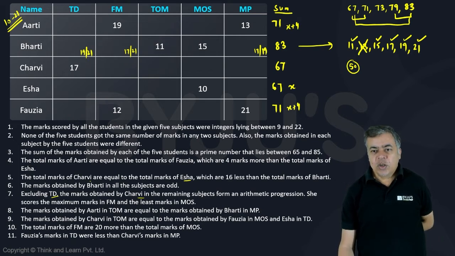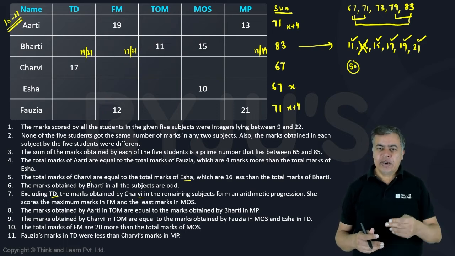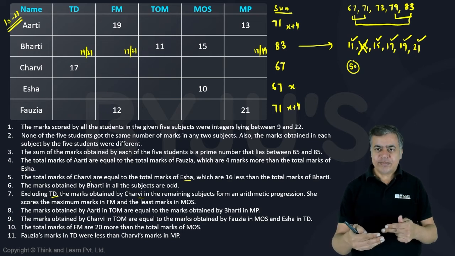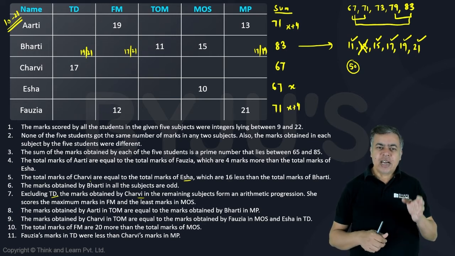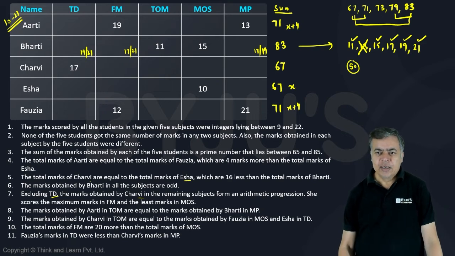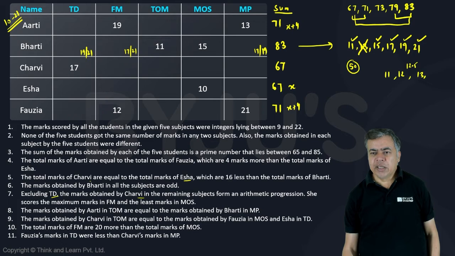So how can I get 12 and a half as an average? 2 numbers below 12 and a half and 2 numbers above 12 and a half. If 12.5 is the average, 2 numbers below this can be 12 and 11 and 2 numbers above this can be 13 and 14.